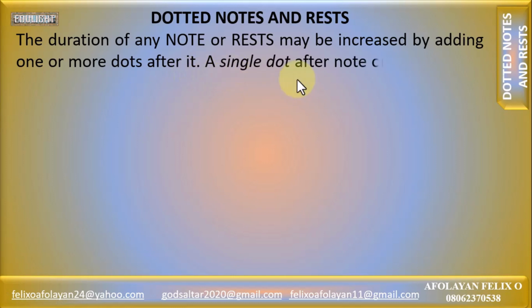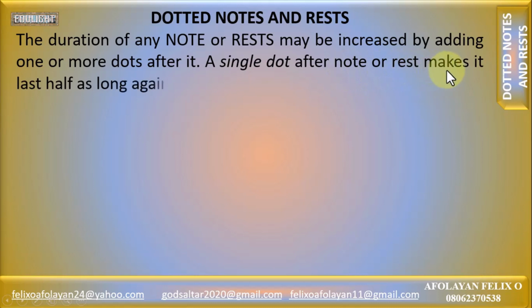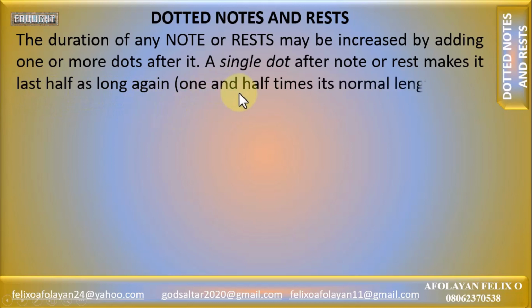A single dot after a note or rest makes it last half as long again, 1.5 times its normal length. This is a dotted note. It raises that note by half a beat.